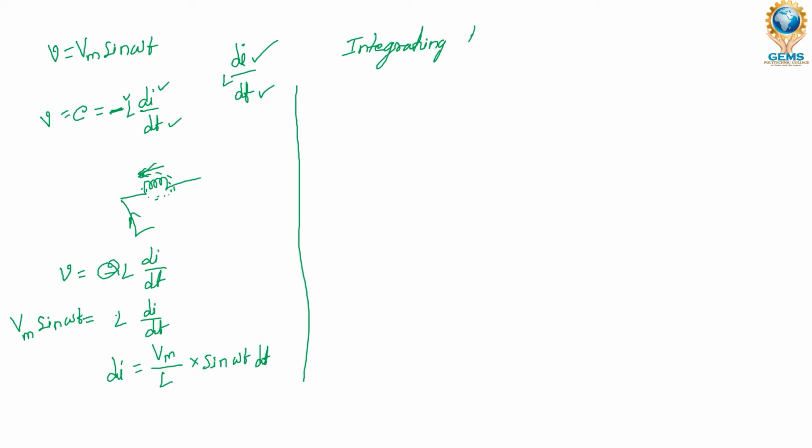integrating both sides, we have this value, that is di equals Vm by L sin omega t into dt.